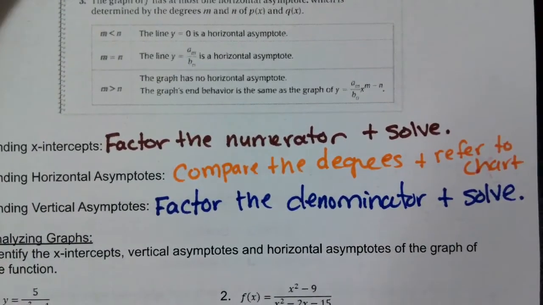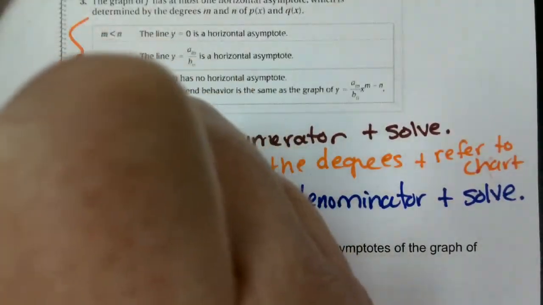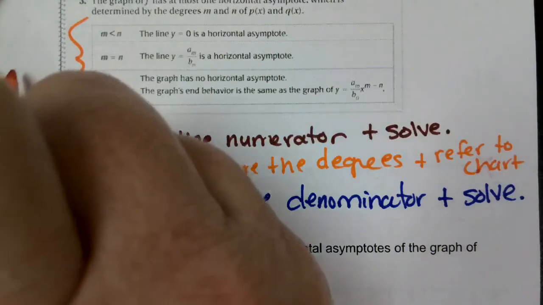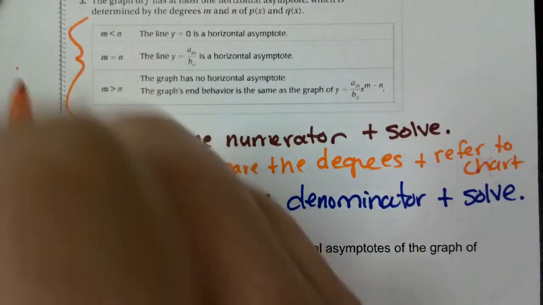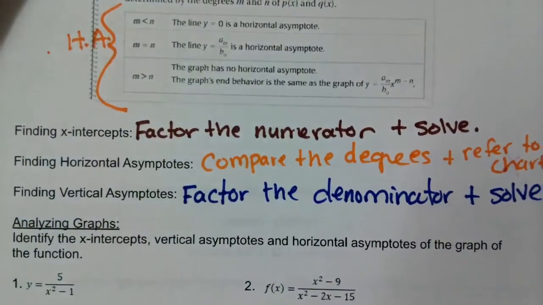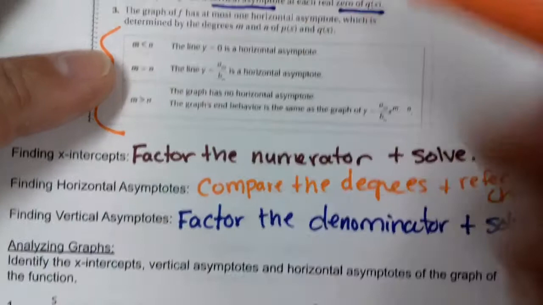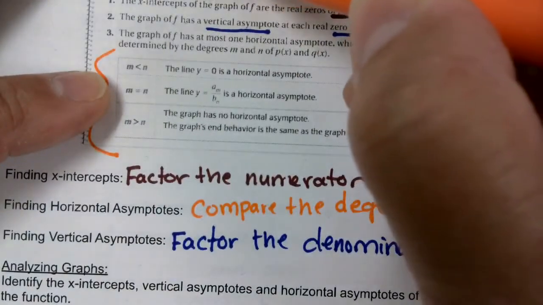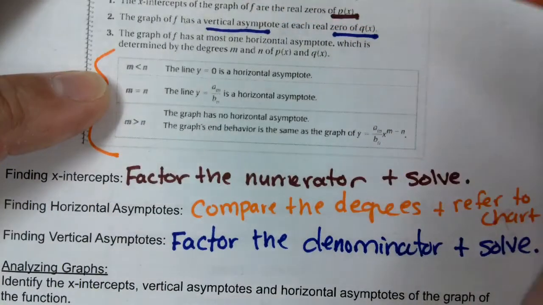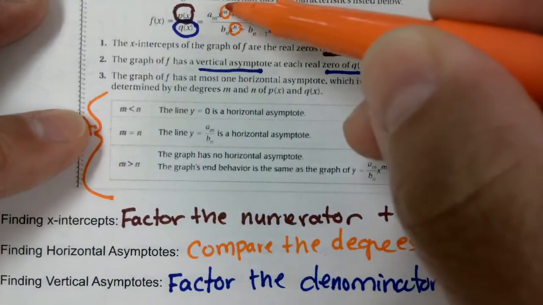By the chart, I'm talking about this chart right here. This chart is how we find our horizontal asymptotes. The degrees, remember, are the largest exponents in a polynomial.